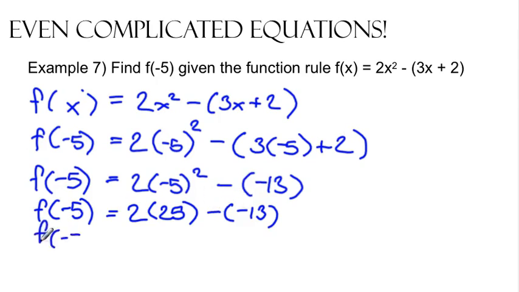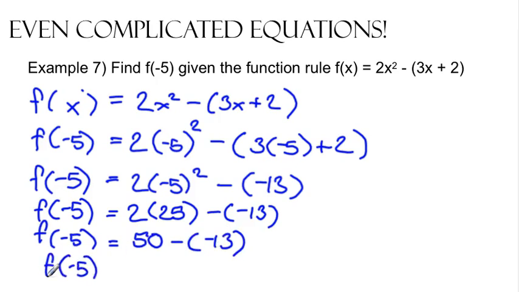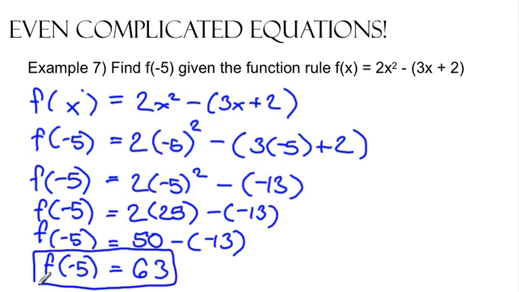Now I do any multiplication from left to right. 2 times 25 is 50. And then when I do 50 minus negative 13, well, that's the same thing as 50 plus 13. And so f of negative 5 is equal to 63. So again, the big idea there, follow the order of operations.